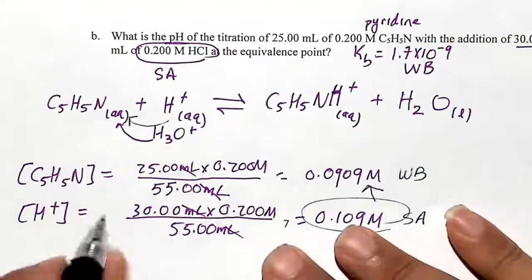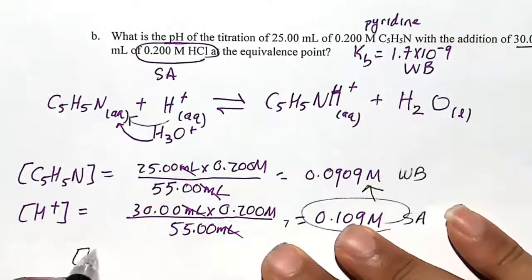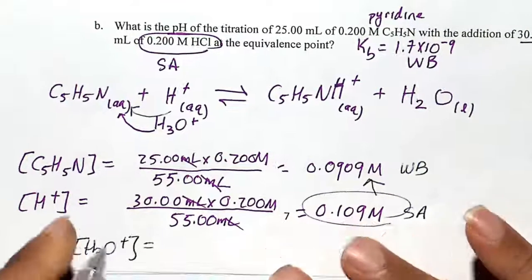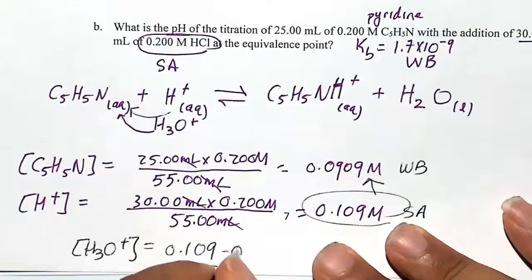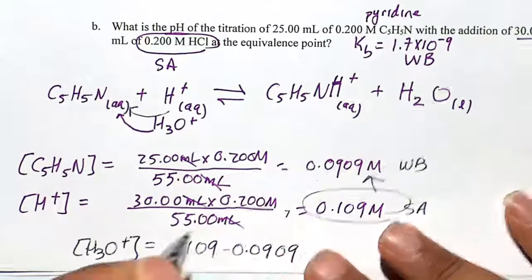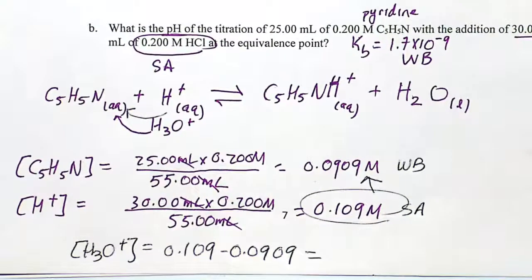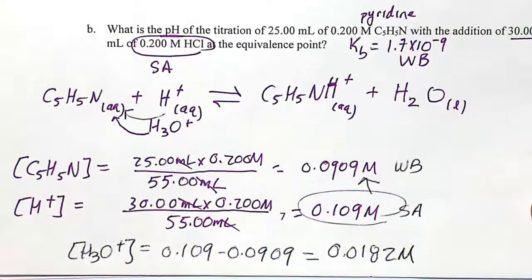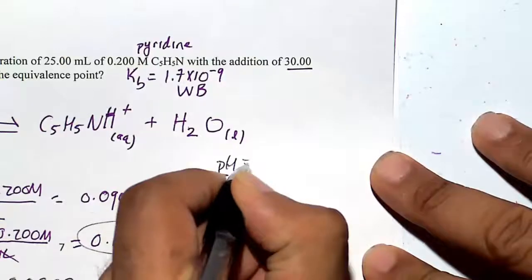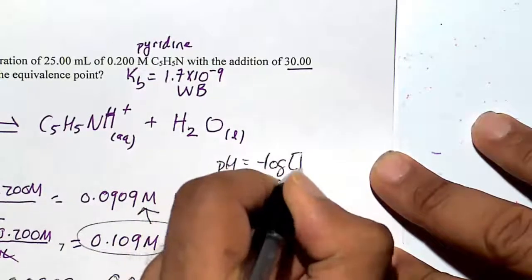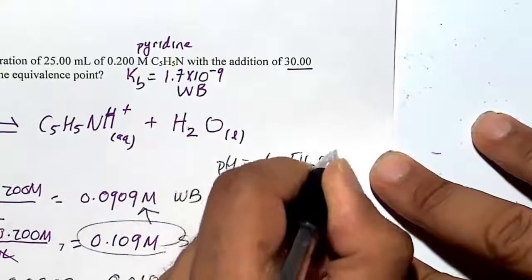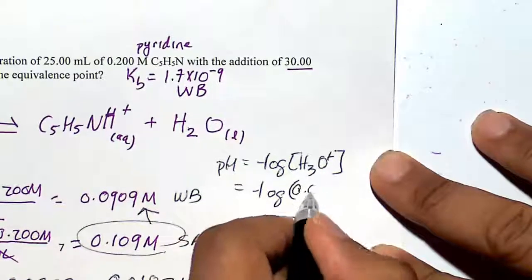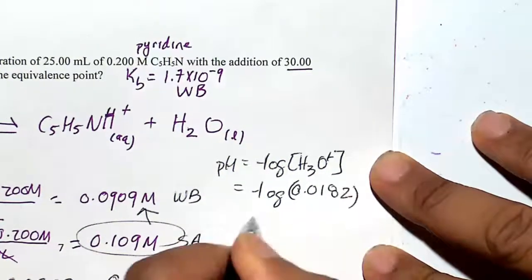What will be left over will be our fraction of H plus, 0.109 minus 0.0909, and that is going to equal the excess concentration of H3O plus. That is going to contribute towards your pH. pH is minus the log of the H plus concentration, minus the log of 0.0182.